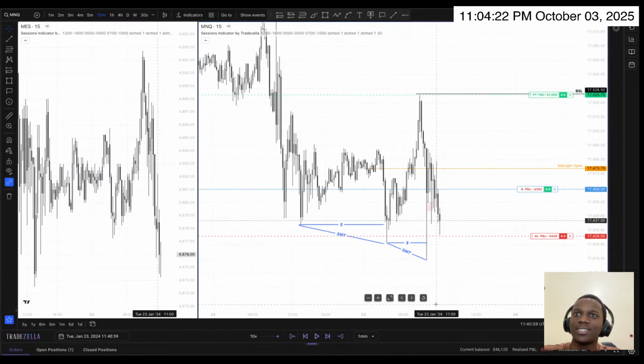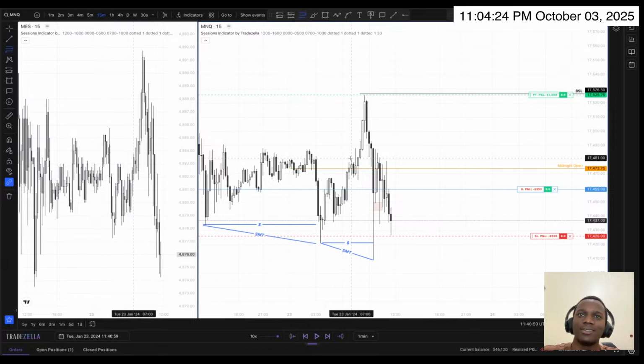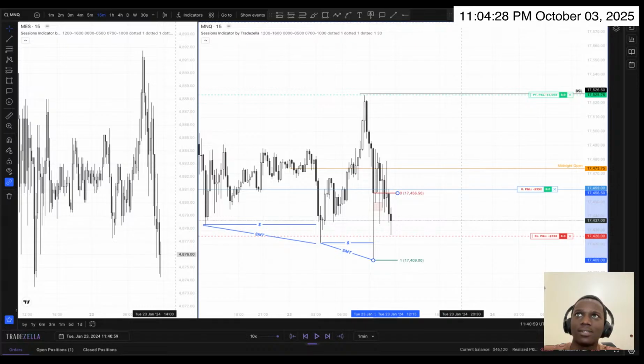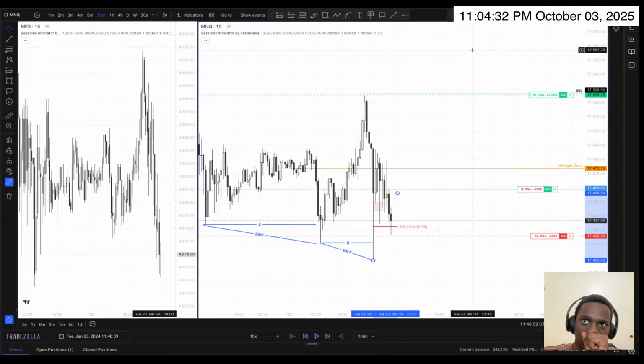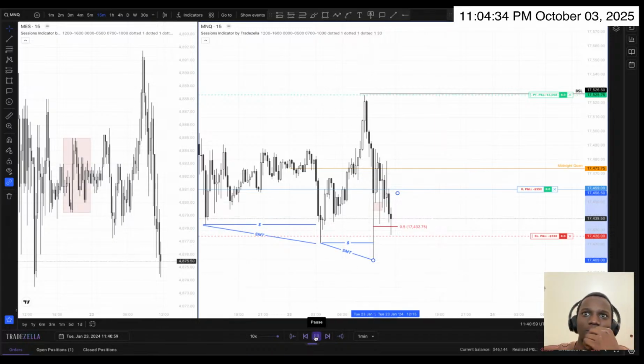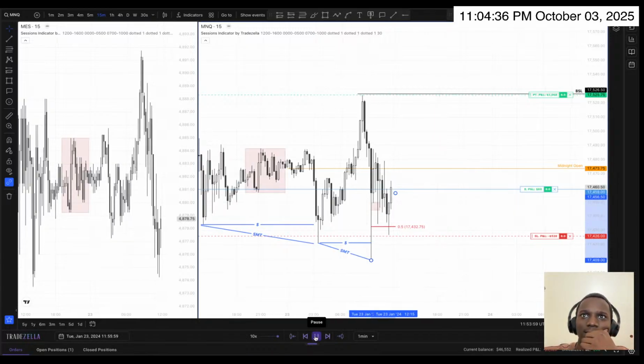Wait, let me first check the consequent encroachment because I could literally get wicked. We've already hit the consequent encroachment, so you should now start rallying.